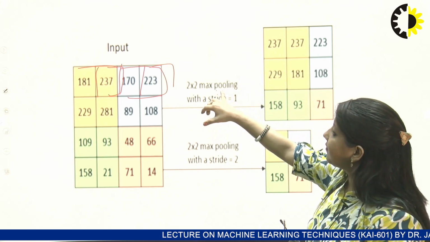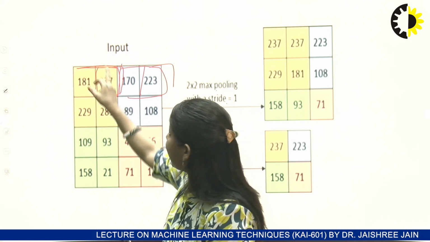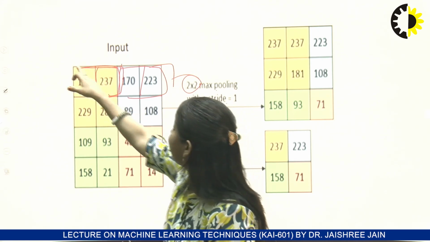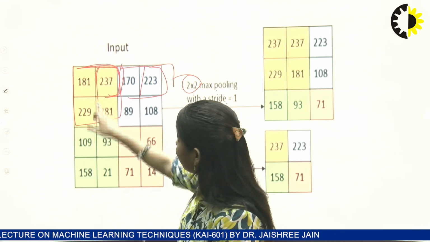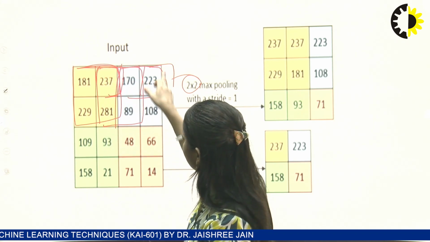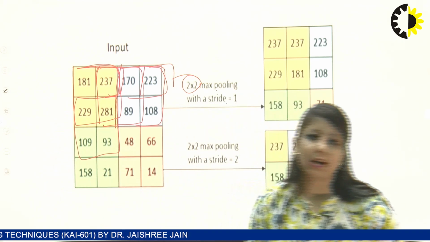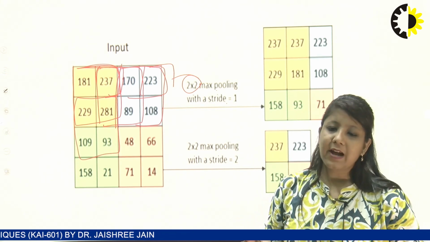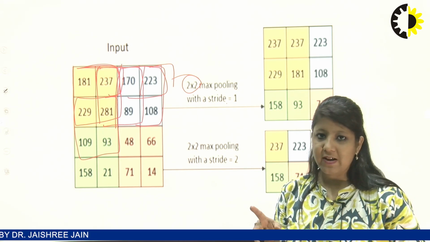So this is max pooling of 2 by 2, meaning we just take a size of 2 by 2. The 2 by 2 block is this, and the next 2 by 2 with stride 1, we start from here, next we start from here, and next from here. So 1 row and 1 column will be left if we choose stride 1, and if we choose stride 2, then 2 rows and 2 columns will be left.